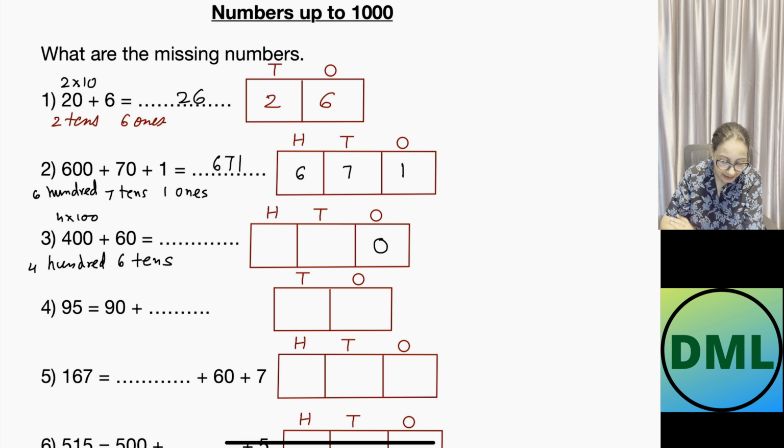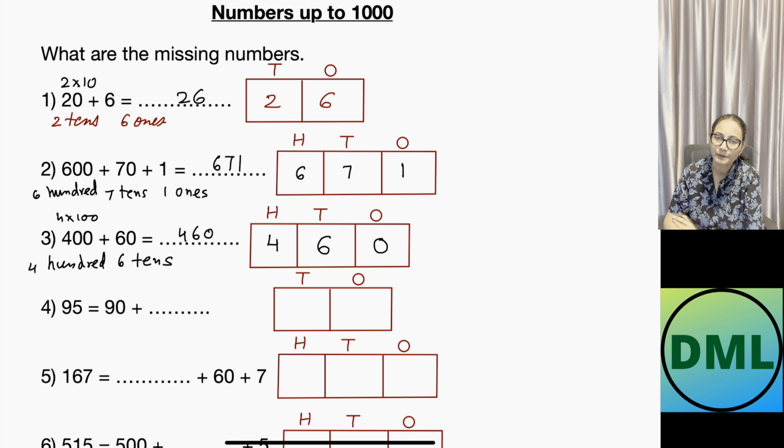If we add 6 tens, that means at the tens place we have 6. Let's put the number 6 at the tens place. At the hundreds place, I have the number 4. Let's write down 4 at the hundreds place. This number will be read as 460. Let's write down 460. This is 460. Let's see the next example here.